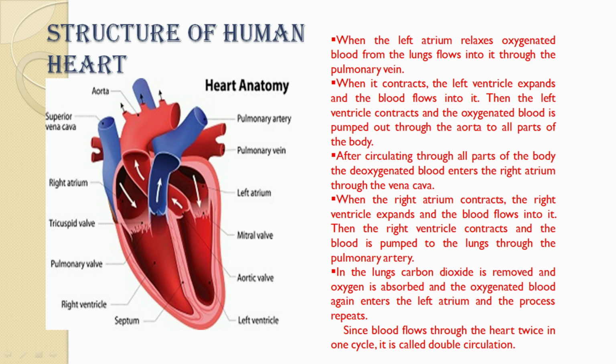Once the cells utilize the oxygenated blood, they release deoxygenated blood, which is collected by the superior and inferior vena cava, and it enters the right atrium. From the right atrium, the deoxygenated blood enters the right ventricle, and from the right ventricle, it is taken via the pulmonary artery to the lungs for reoxygenation. Thus, the blood flows into the heart twice in one cycle, which is known as double circulation.